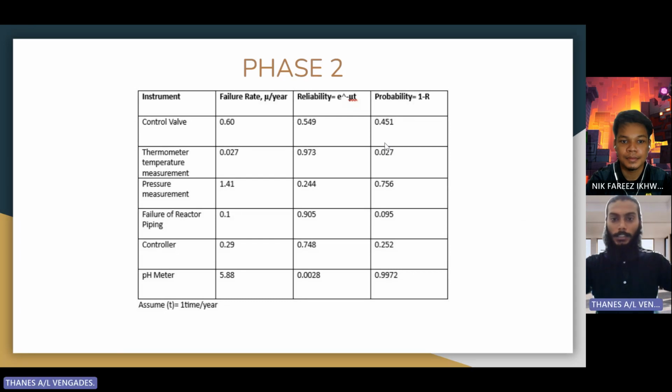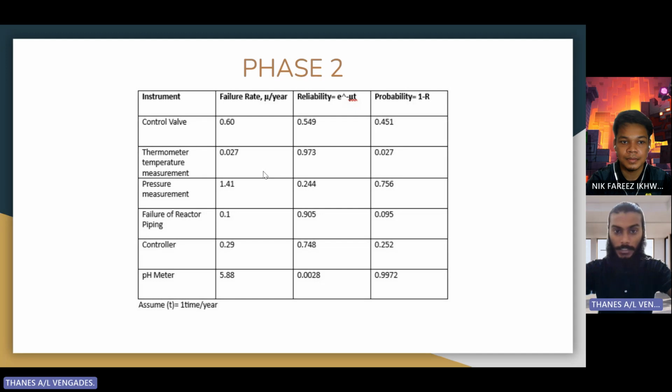Here is the table that we use to analyze FTA in phase 2. For the control valve, the failure rate per year is 0.60, the reliability is 0.594 and the probability is 0.451.